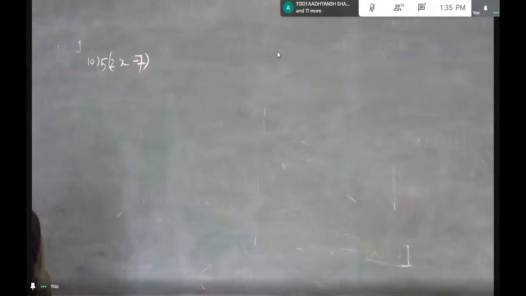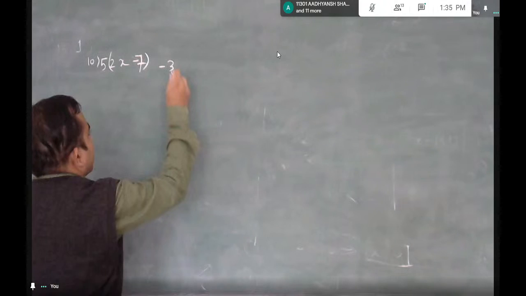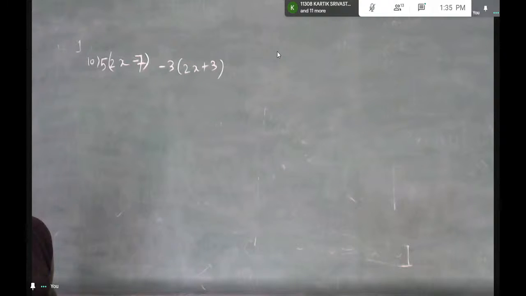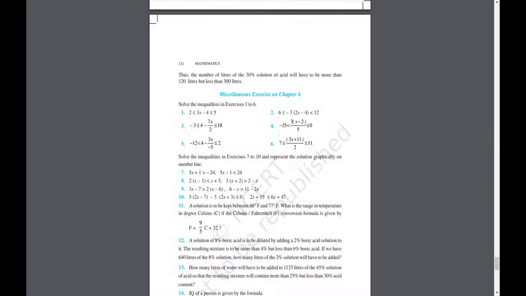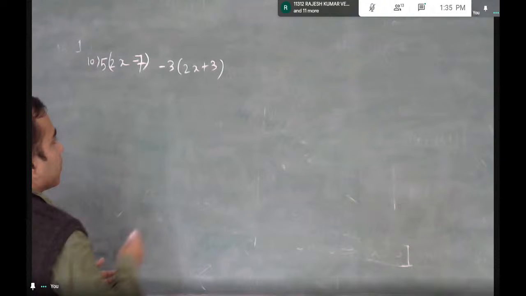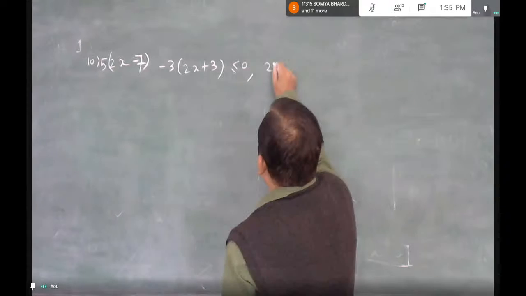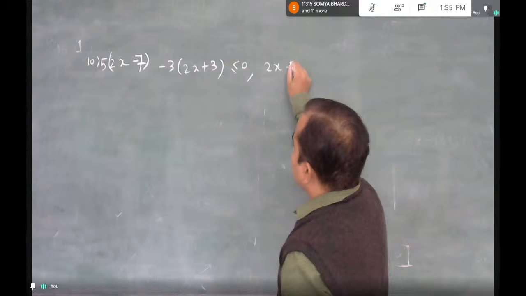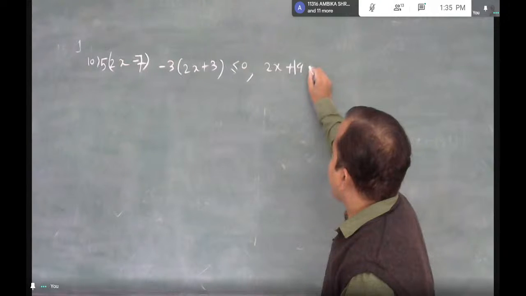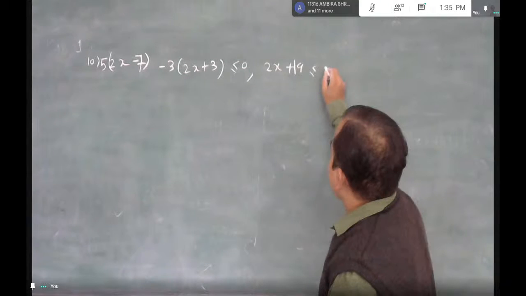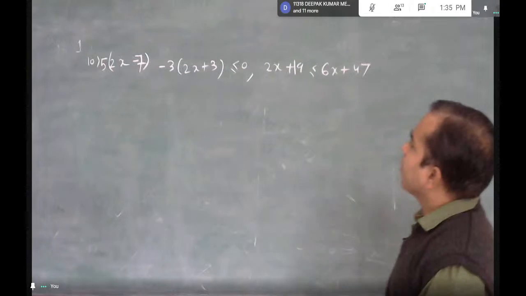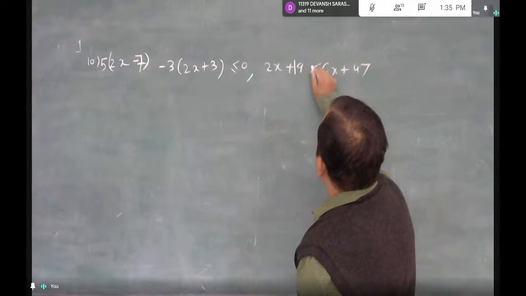Minus 3 into 2x plus 3, less than or equal to 0, comma, 2x plus 19 less than or equal to 6x plus 47. That's it. Just check it. Have I written it correctly or not?